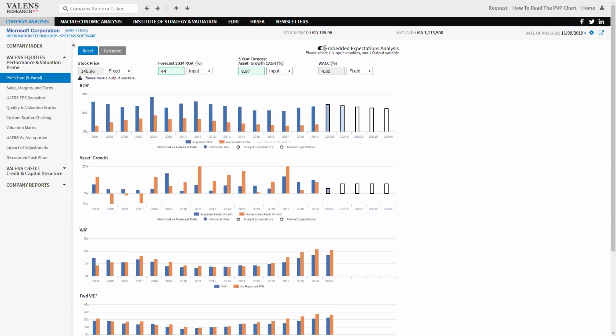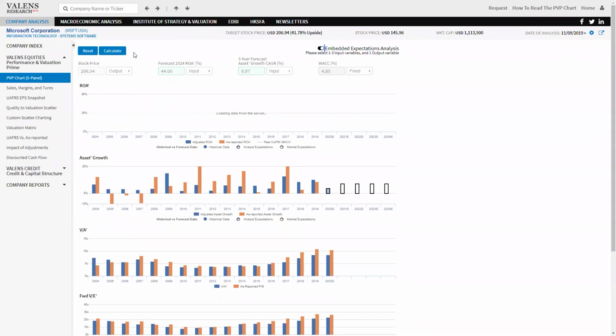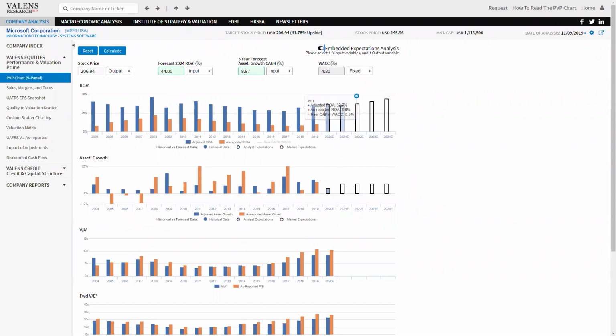Well, I can open the embedded expectation tool right here, and I can type in that scenario. Let's say I leave my asset growth at 9%, and let's solve for stock price. If Microsoft can do that, if they can see ROAs continue to expand as they have, Microsoft has 40% upside. And look at how quickly we can do a scenario like that.